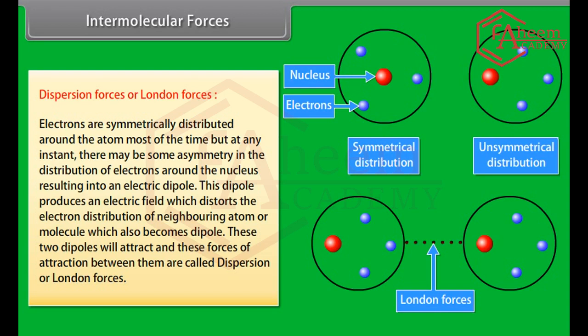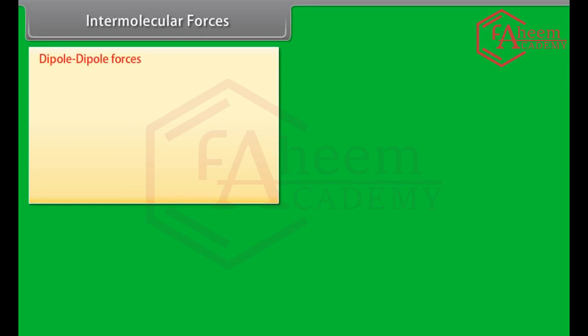These two dipoles will attract, and these forces of attraction between them are called dispersion or London forces. It occurs in non-polar molecules and even noble gases. For example, one atom has symmetrical distribution and the other has unsymmetrical distribution, and the atom with unsymmetrical distribution distorts the electron distribution of the other atom, resulting in a force of attraction.